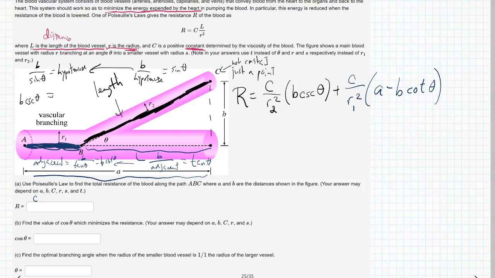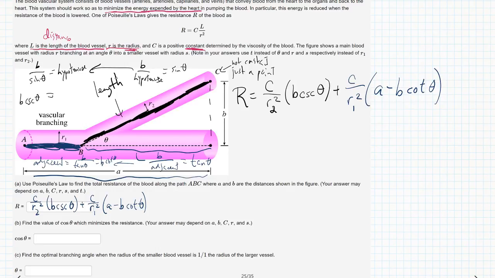So we get C over R2 squared. Now they're talking about using different symbols, but you can kind of see what's happening. B cosecant theta plus C over R1 squared, A minus B cotangent theta. Alright.